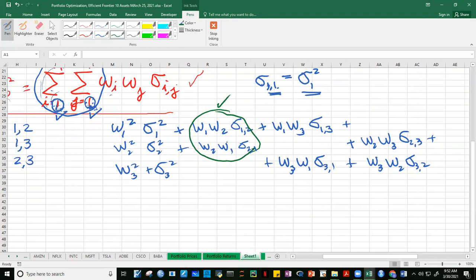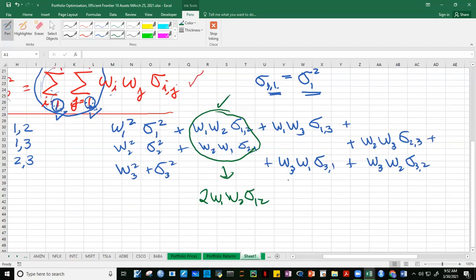Ito, covariance of 1 with 2 is the same as covariance of 2 with 1. Kasi product lang yan di ba? Na commutativity. So we can now finalize our formula. This will be twice W1, W2, covariance 1, 2. Yan, pwede natin i-add kasi yan, pareho lang yan.